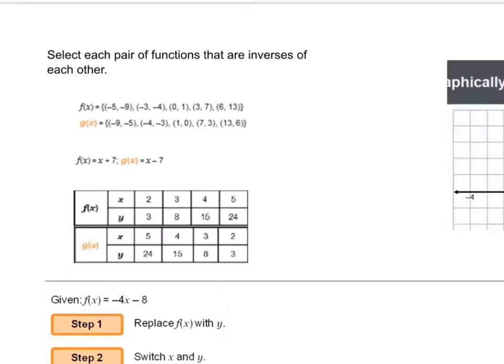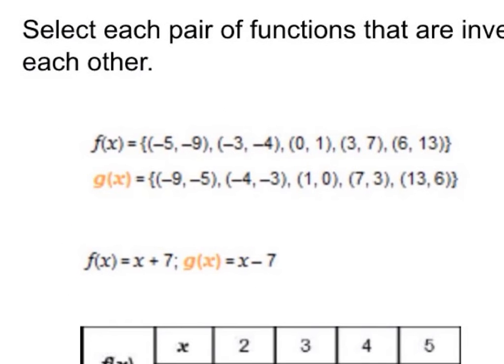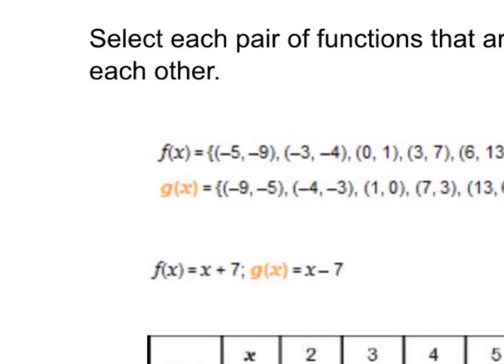I notice that I have the point negative 5, negative 9, and g has the corresponding point negative 9, negative 5. So these are opposite points, where the x and y values have been switched. That occurs at these pairs of points, so these are inverses.